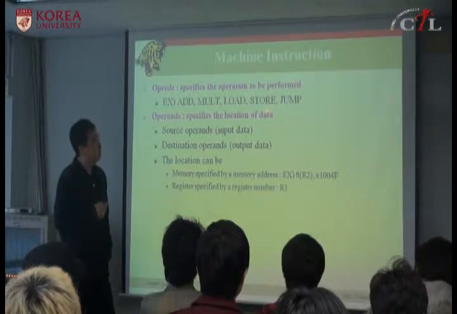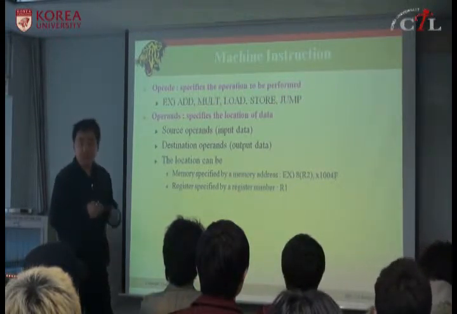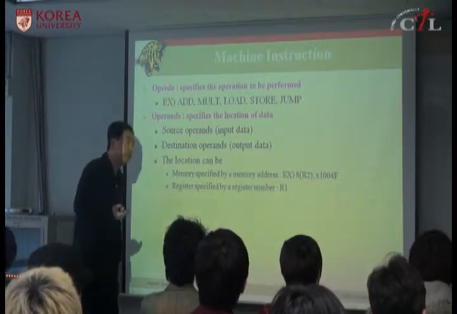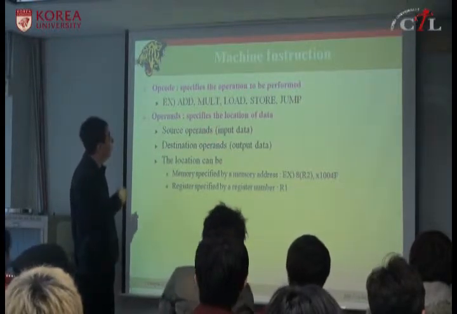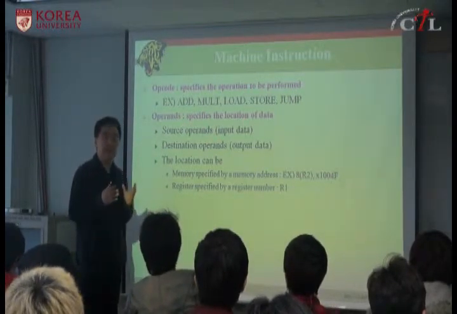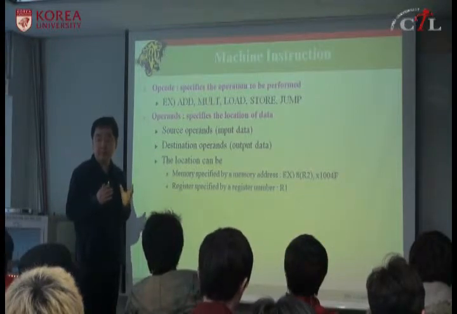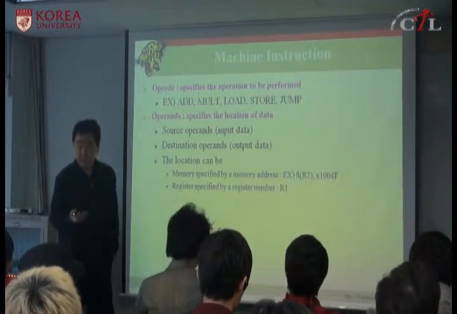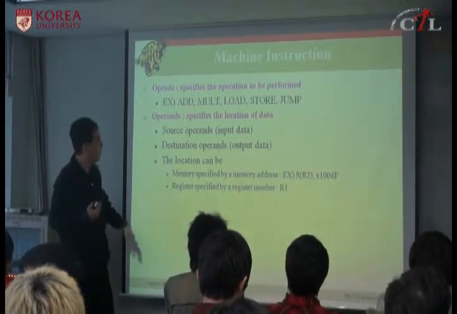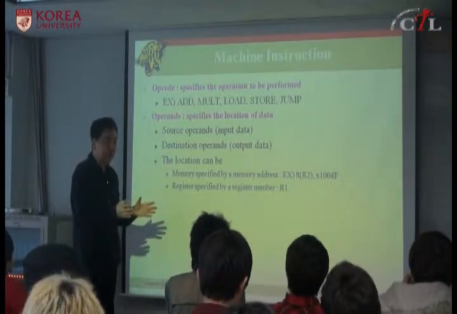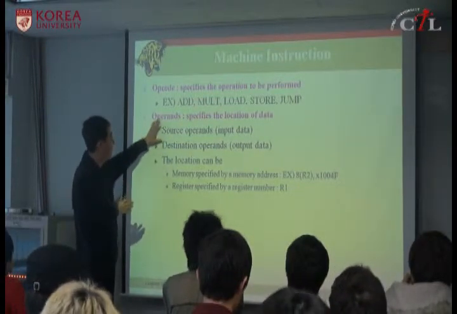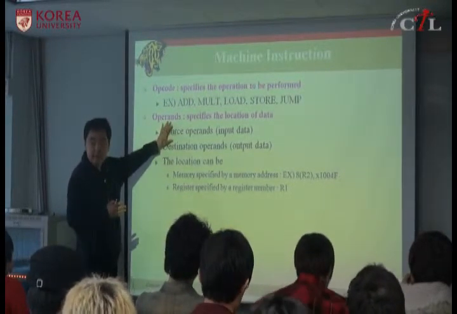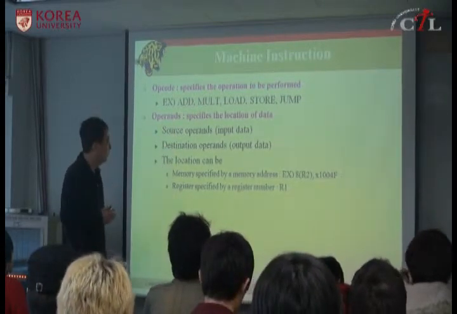And load, store, and jump, which is like go to, a branch instruction. The other part of the instruction is the operand. It specifies the object or data, and the operand can be a register or memory. It can be classified into register operand or memory operand. Also, it can be classified into source or destination. Sources are input, destinations are output. Okay?